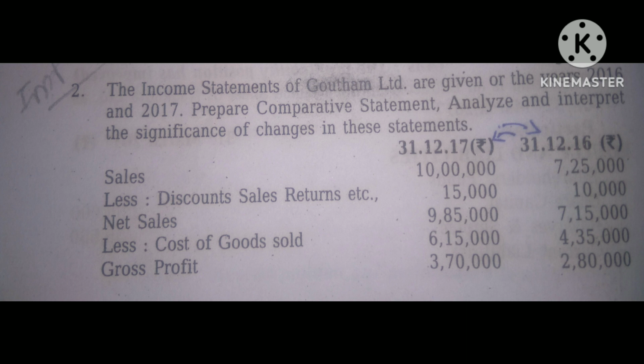After subtracting he has got net sales, that is 9,85,000 for 2017 and 7,15,000 for 2016. He has subtracted the cost of goods sold, so he has got 6,15,000 in 2017 and 4,35,000 in 2016. Next, the gross profit he has got in 2017 is 3,70,000 and in 2016 is 2,80,000.